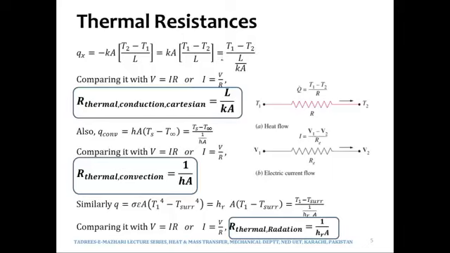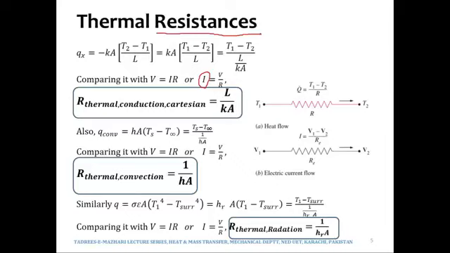And if we then compare this equation with V is equal to IR, the famous Ohm's law, or I is equal to V over R, we will realize that in case of electrical circuits, the quantity that flows is the current. Now what we are going to do is introduce thermal resistances and thermal networks, just like we used to have electrical networks and electrical resistances.